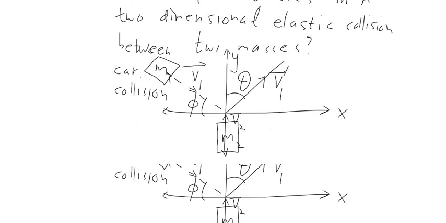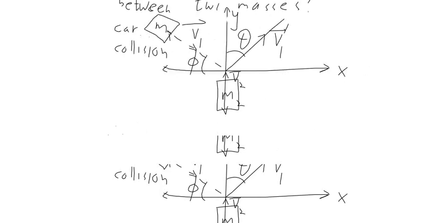Okay, so how do we get started here? Well, the way to determine the final velocities in a 2-dimensional elastic collision is using conservation of momentum. So we're going to use conservation of momentum, which states that the momentum before the collision, before the two objects collide, is equivalent to the momentum after.